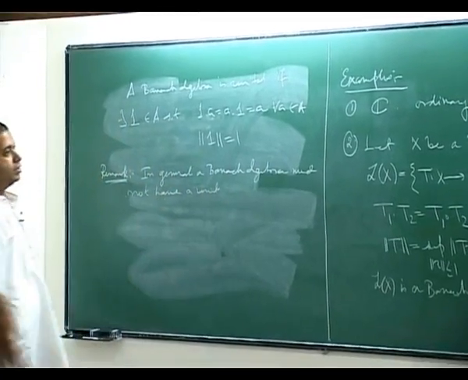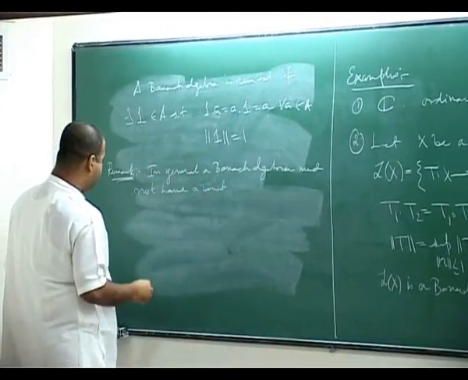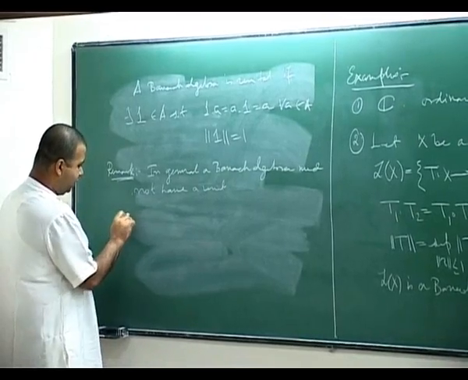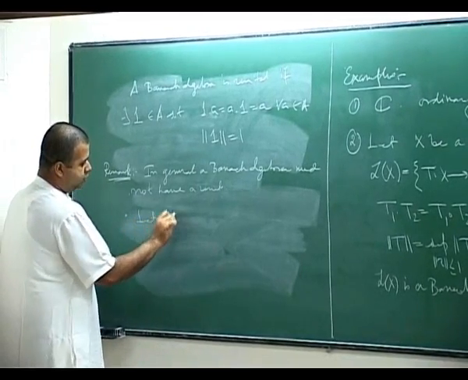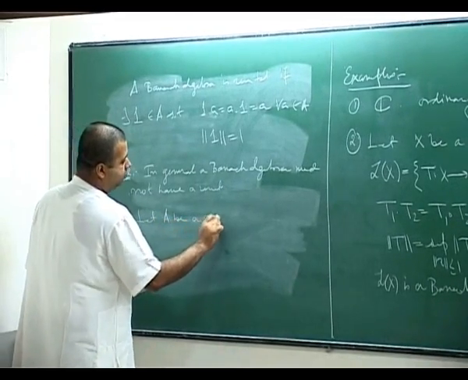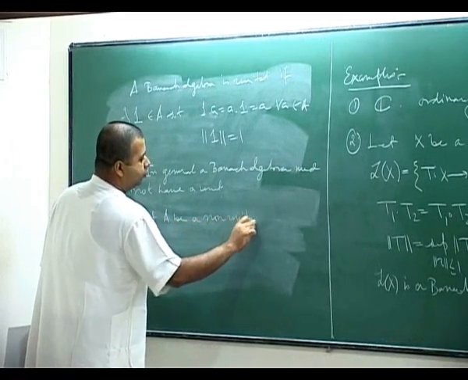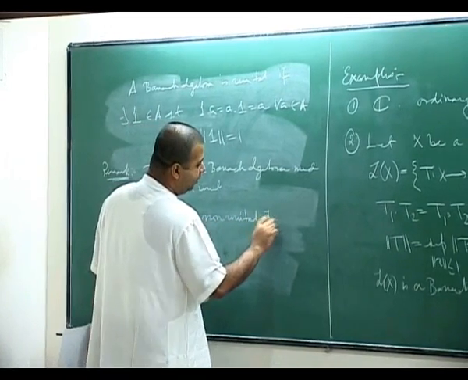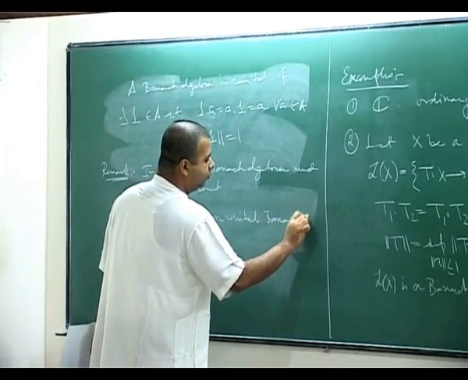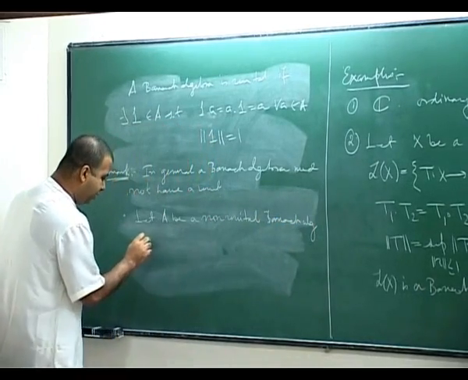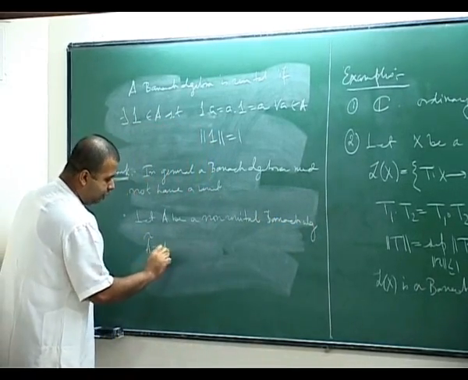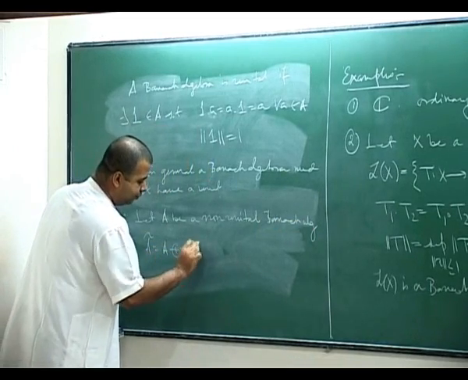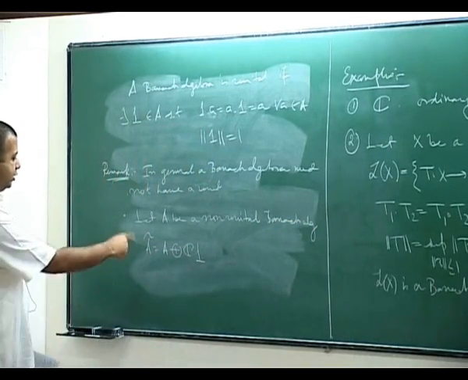But we can always kind of enrich this with a unit. So that's another observation, that let A be a non-unital Banach algebra, then define A tilde to be A direct sum C, as a Banach space.